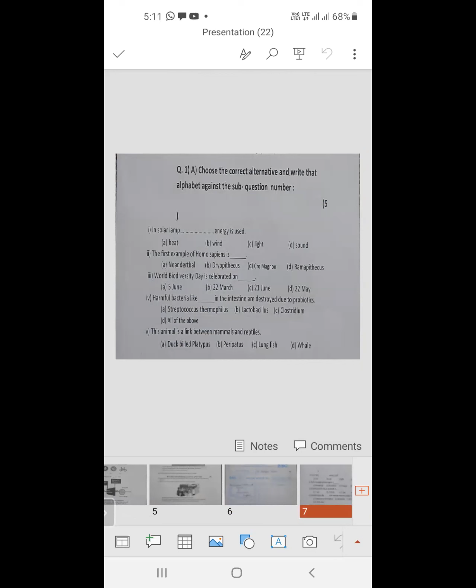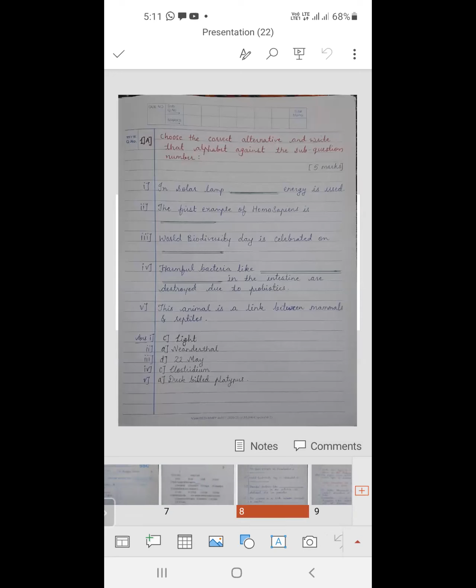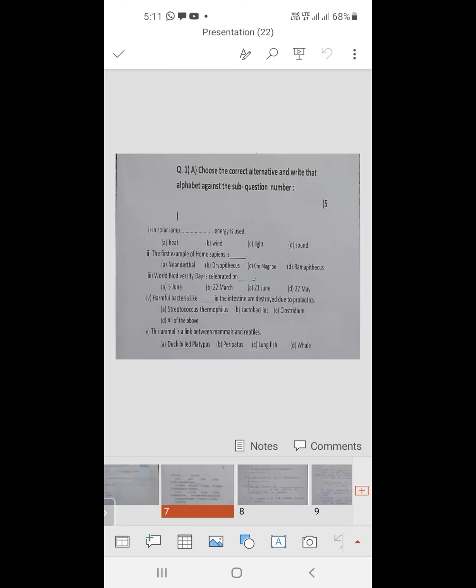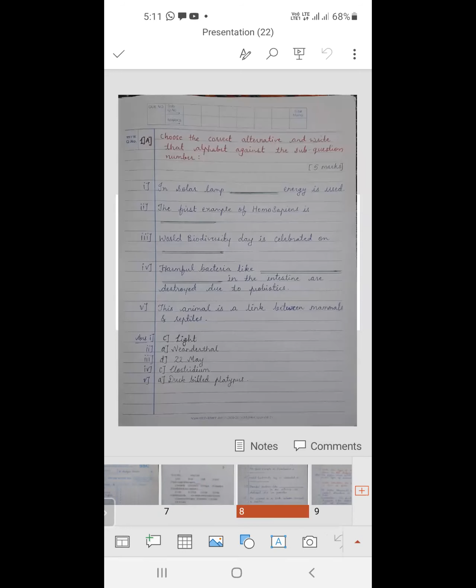Which is the correct answer? So in a solar lamp, four options are given here: heat, wind, light, and sound. The correct one is option C, that is light.